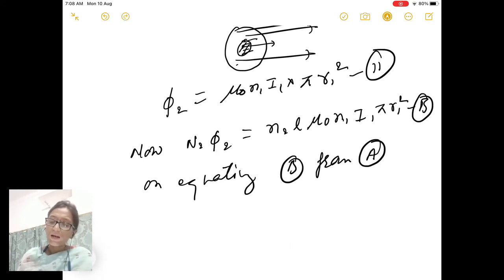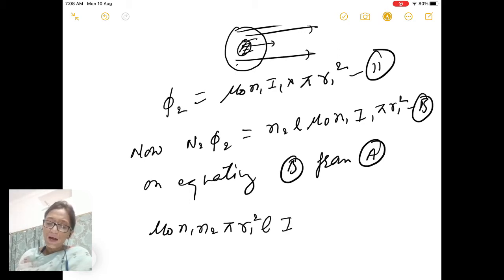So it is mu naught N1 N2 pi R1 square L into I1.